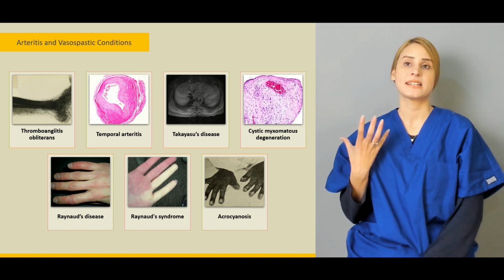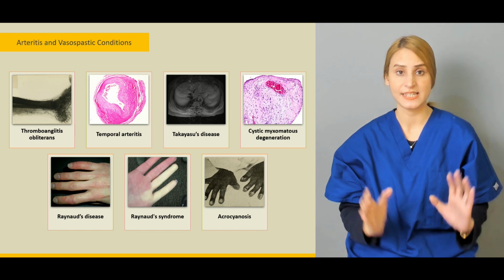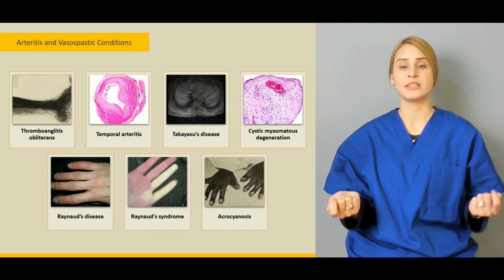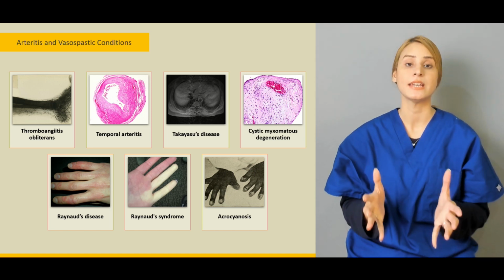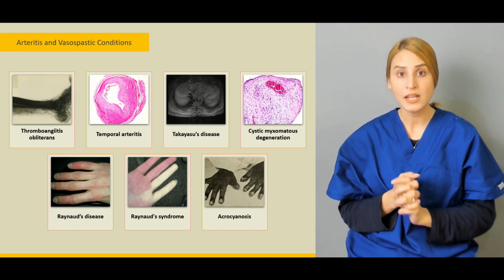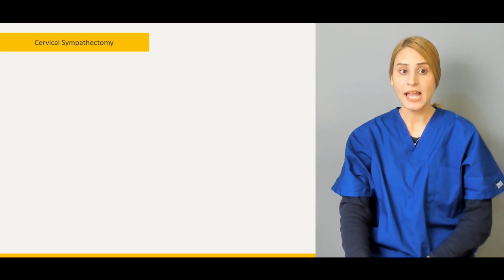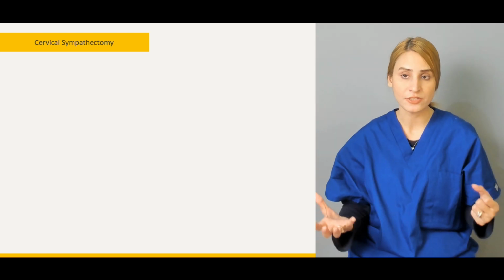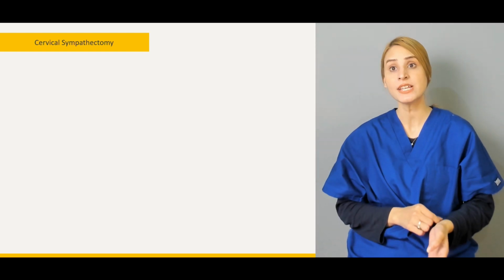Raynaud syndrome is related to the disease, but it's not specific to one system. It's also associated with systemic lupus erythematosus or rheumatoid arthritis, autoimmune diseases, and some other vasospastic diseases, including acrocyanosis. In all these vasospastic conditions, first you try to treat them conservatively, giving calcium channel blockers or vasodilators.